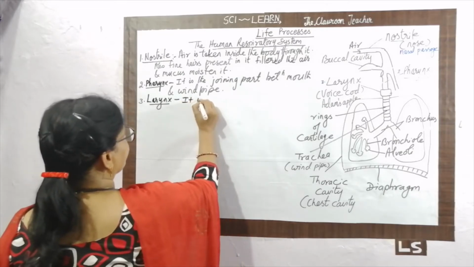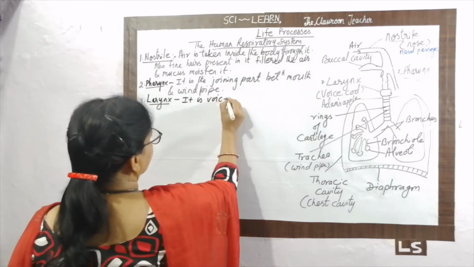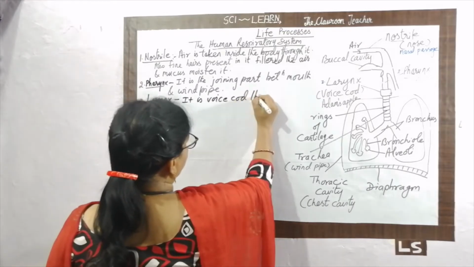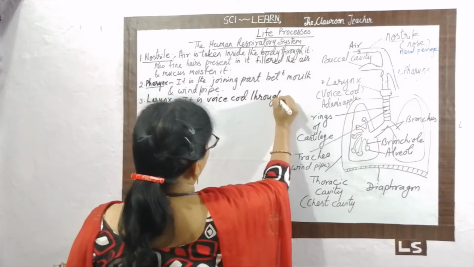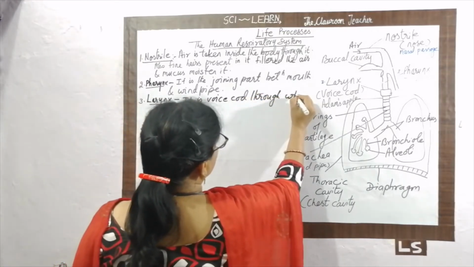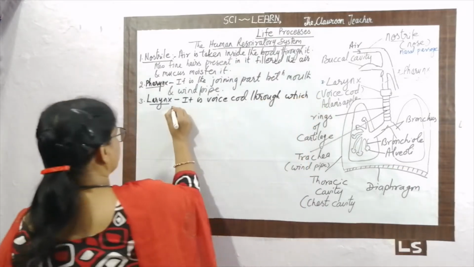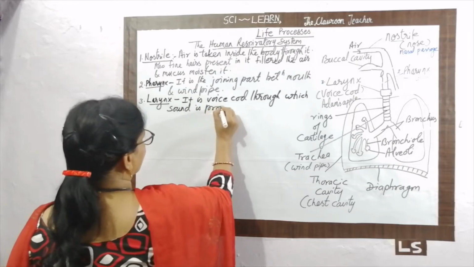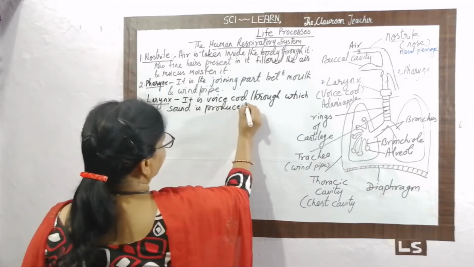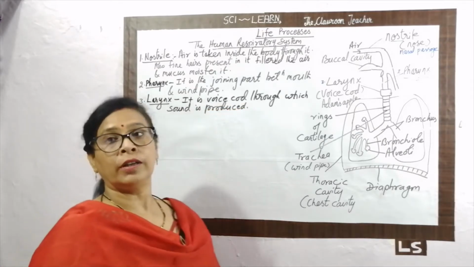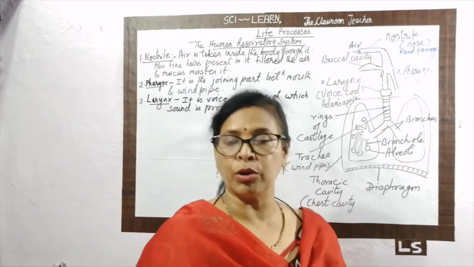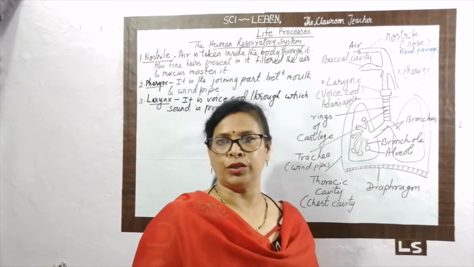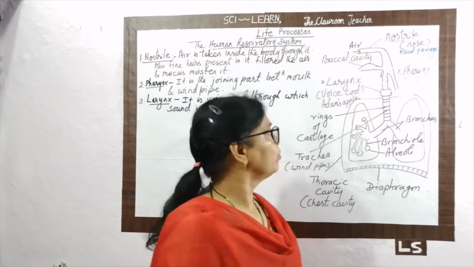It is the voice cord through which sound is generated. Sound is produced. It is also called the Adam's apple. Must remember, this is an important question for the 1 mark question. Okay, let's move further.